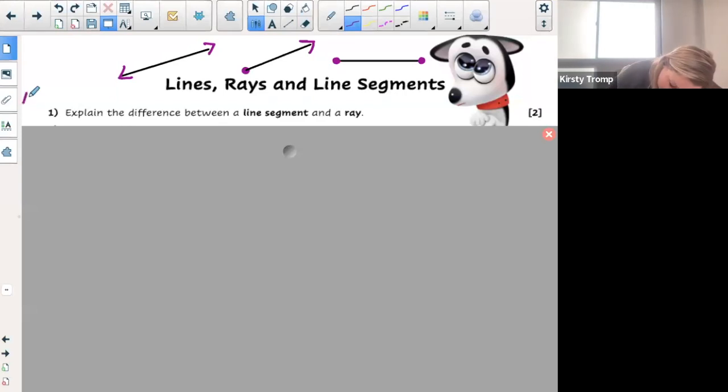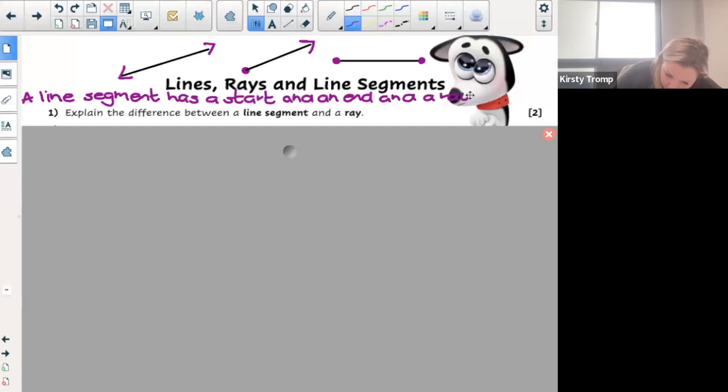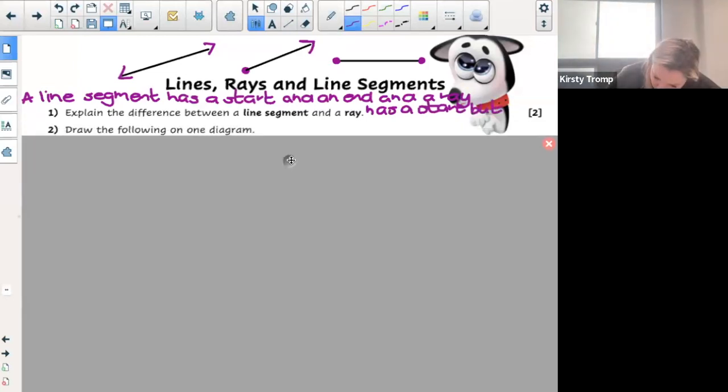So, okay, we're going to write this now in words. A line segment has a start and an end, and a ray has a start but no end.